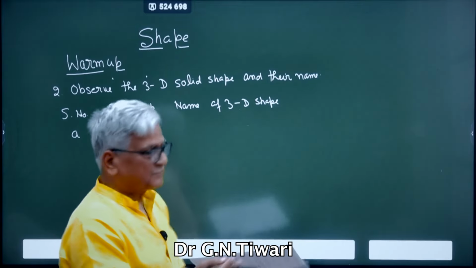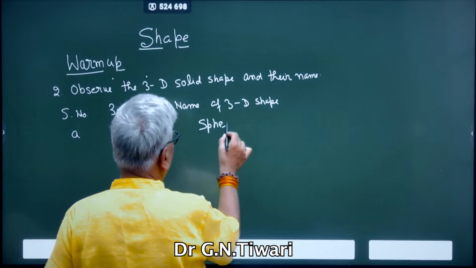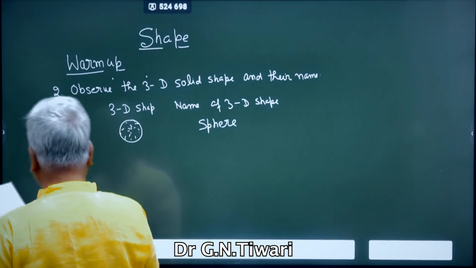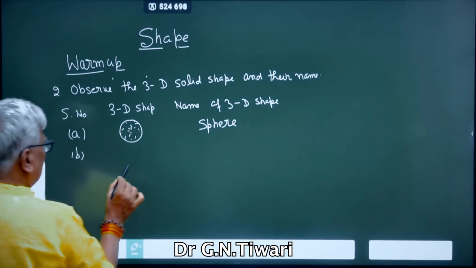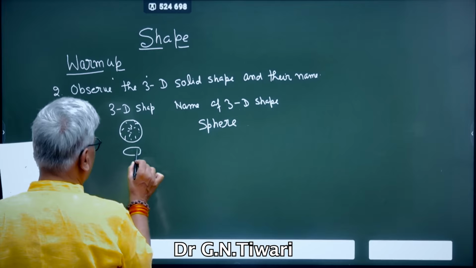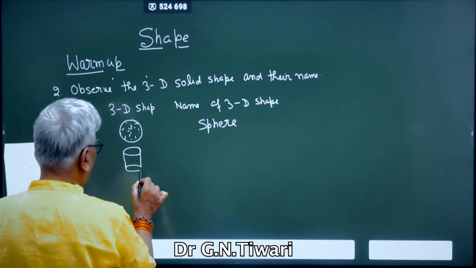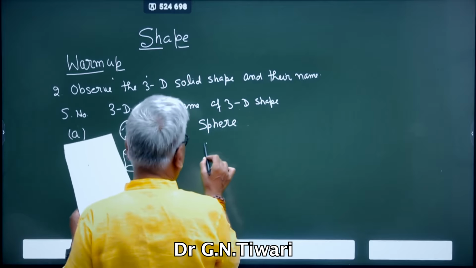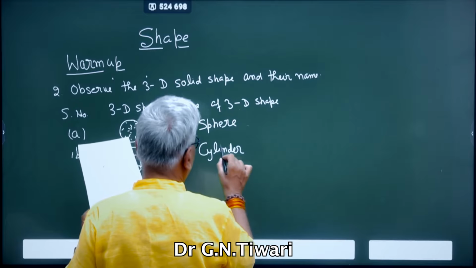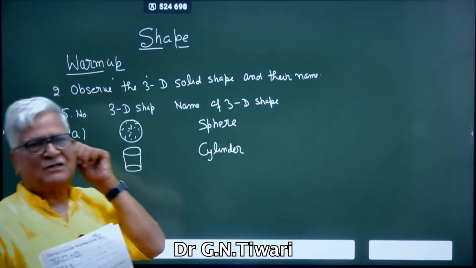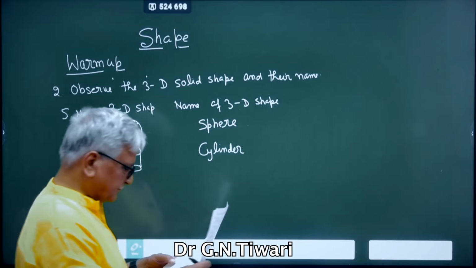Ball is in the form of sphere. So इसका sphere. B, no problem, just make this one. This is a cylinder. Now every kids nowadays know the cylinder filled with the gas. So shape is cylinder shape.